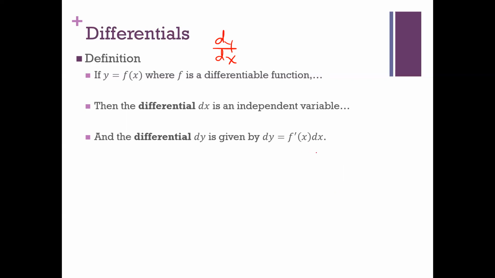And just to show how these two things go hand in hand, we typically say dy dx is equal to f prime of x, right? So the rate of change of y with respect to x is f prime of x. This right here contains all the same information, except I'm saying the change in y comes from whatever the rate of change of y with respect to x is times some small change in x.